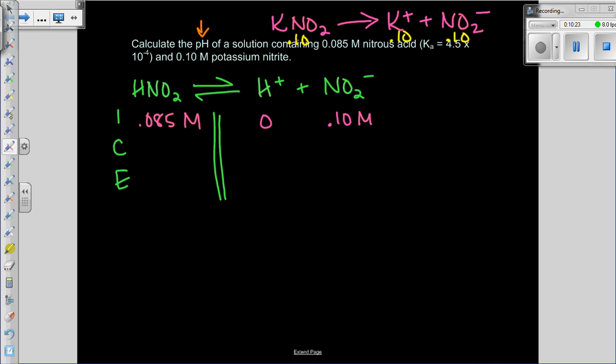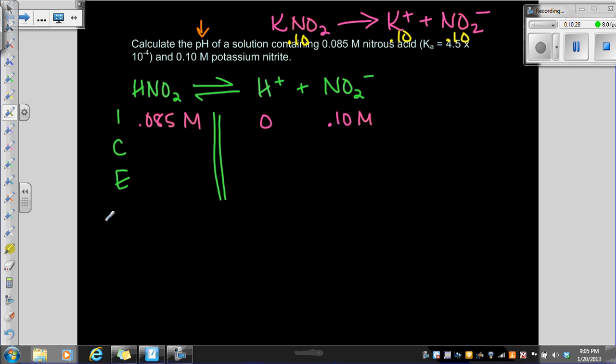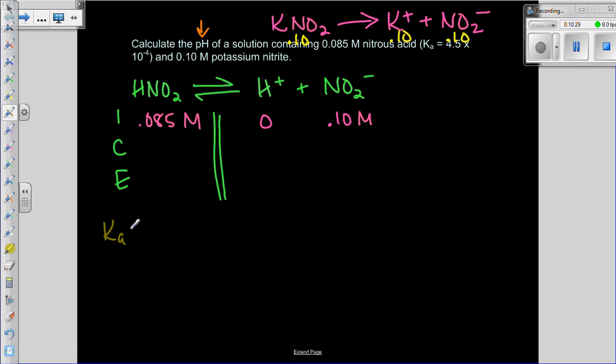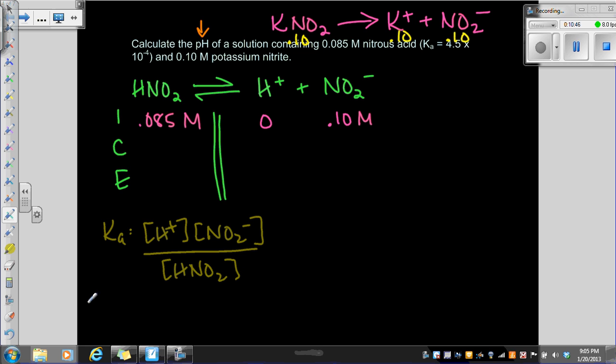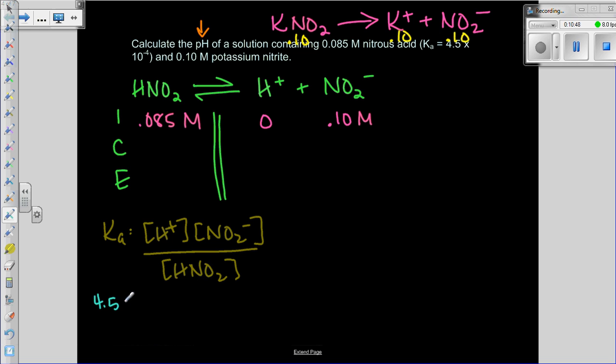If I write my expression, Ka is going to equal H plus concentration times nitrite concentration divided by nitrous acid concentration. I know that my Ka is 4.5 times 10 to the negative fourth.